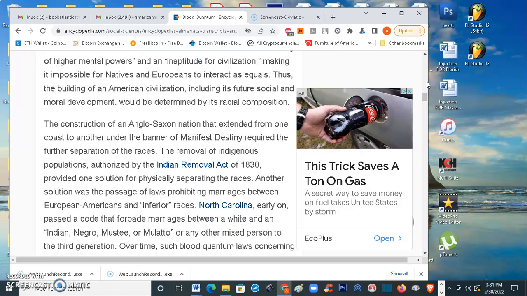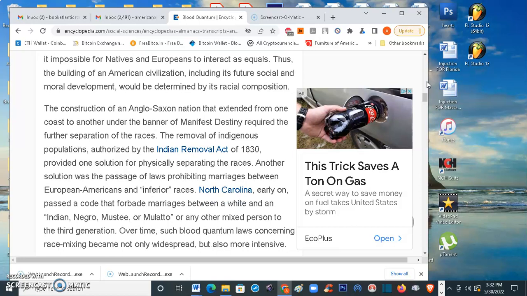Okay, the construction of an Anglo-Saxon nation that extended from one coast to another under the banner of manifest destiny required the further separation of the races, the removal of indigenous populations. Hear that? The removal, the genocide, paper genocide, you mean, authorized by the Indian Removal Act of 1830, provided one solution for physically separating the races.